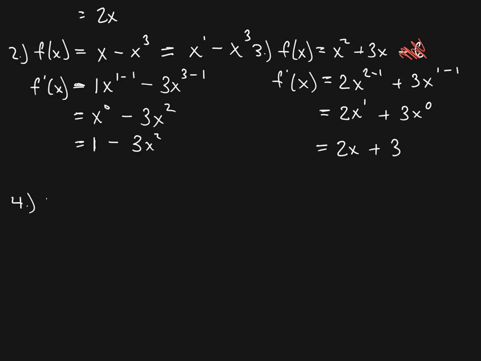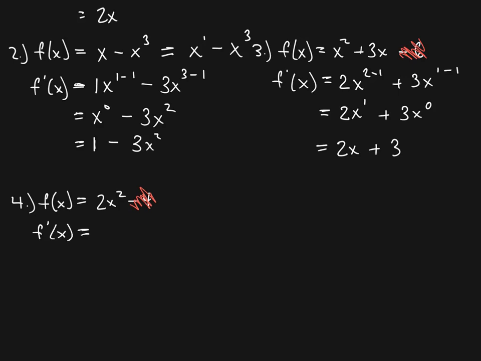Number 4, we have that f of x is equal to 2x squared minus 4. Again, we have a constant term. Our constant term is the 4. That does not change as x changes. So we can ignore it. So we take the derivative, f prime of x, and we're applying the power rule now to 2x squared.